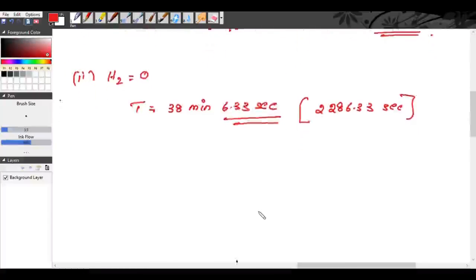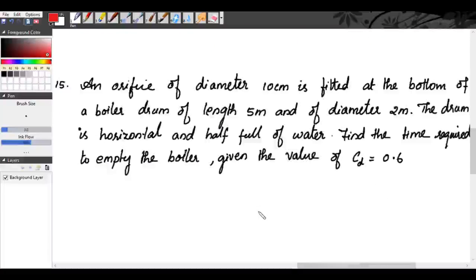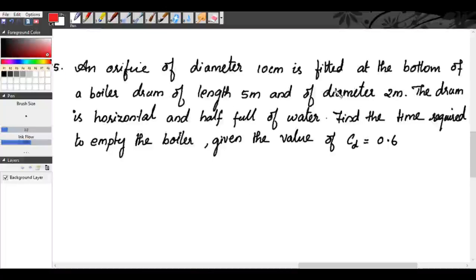Now last problem. An orifice of diameter 10 centimeter is fitted at the bottom of a boiler drum of length 5 meter and of diameter 2 meter. So diameter of the orifice, small d is equal to 10 centimeter, that is equal to 0.1 meter, from which we get area of the orifice as pi d square by 4.